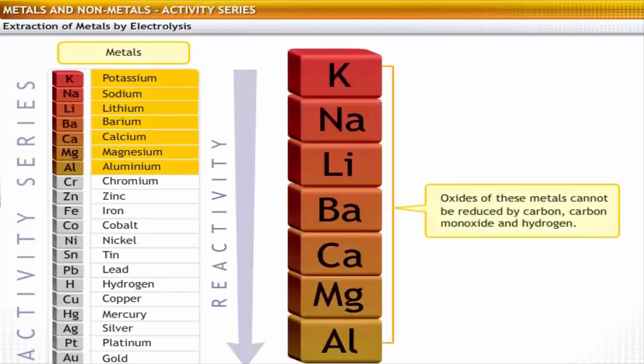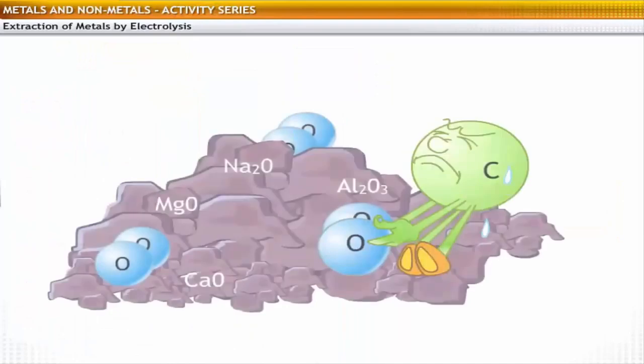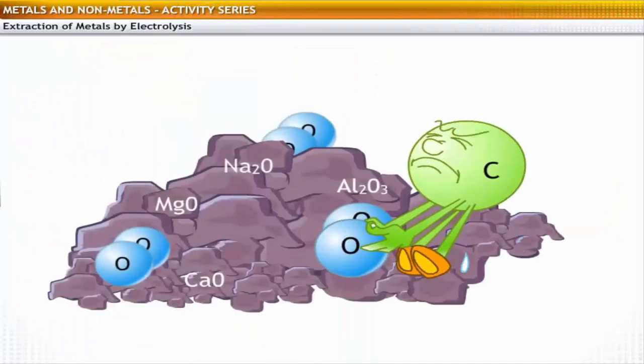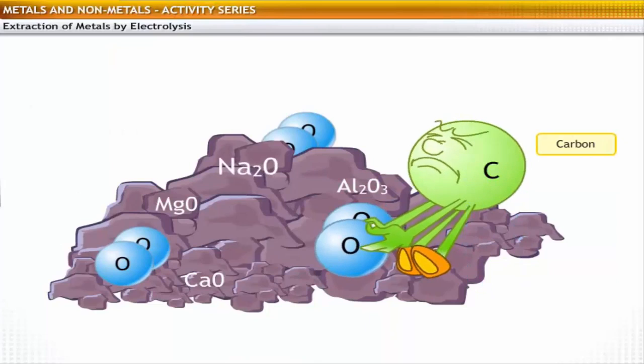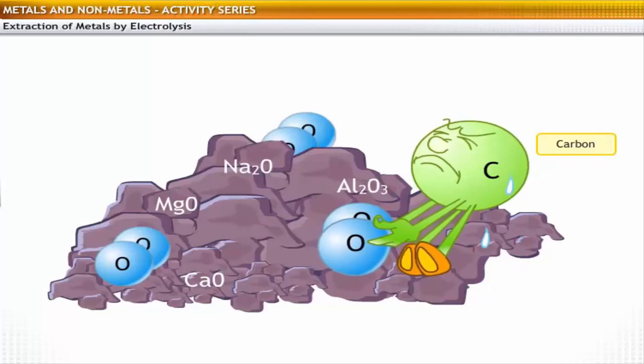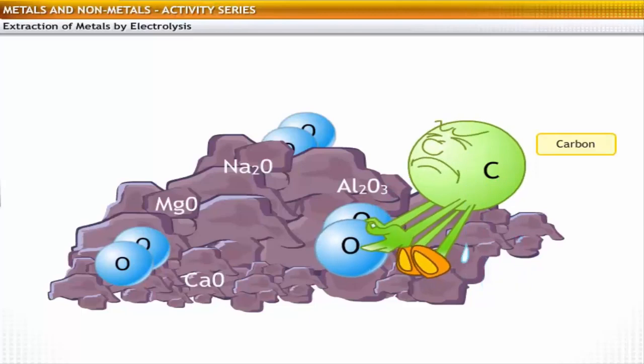Hence, they cannot be obtained from their compounds by heating with common reducing agents like carbon, carbon monoxide, and hydrogen. For example, a reducing agent like carbon cannot reduce the oxides of metals like sodium, magnesium, calcium, and aluminium because they have more affinity for oxygen than carbon.